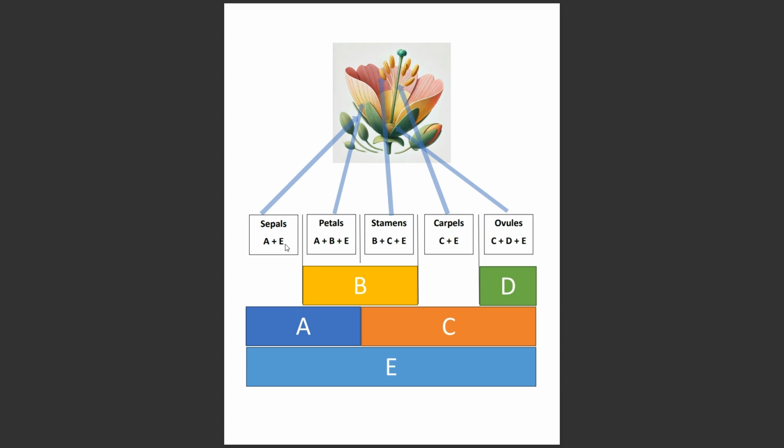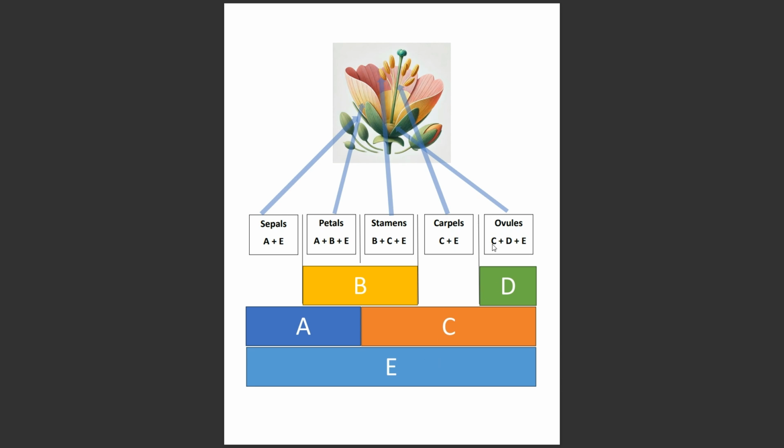If either one of these is not expressed, then sepals will not develop, and you will get a flower with no sepals. It's the same thing with petals, except with gene classes A, B, and E, stamens with gene classes B, C, and E, carpels with gene classes C and E, and ovules with gene classes C, D, and E.